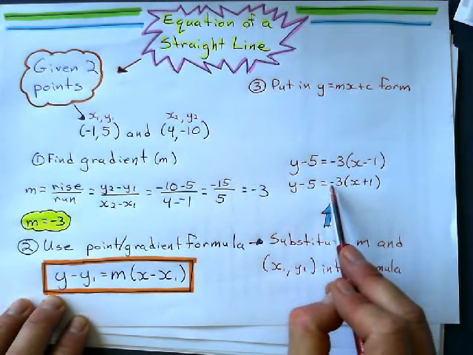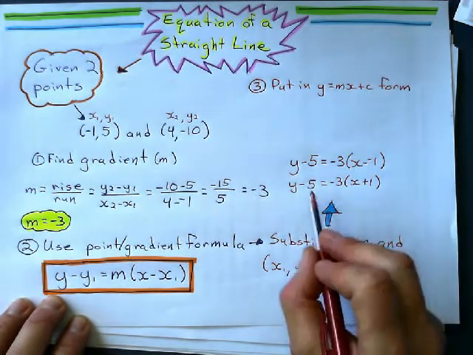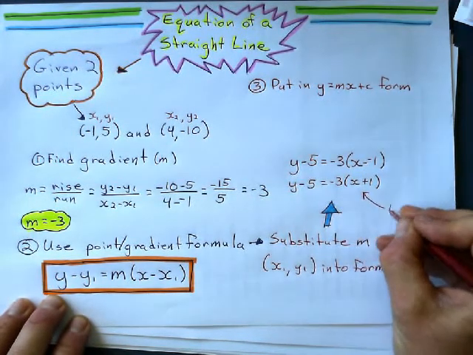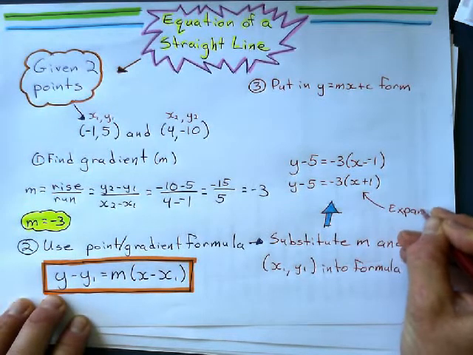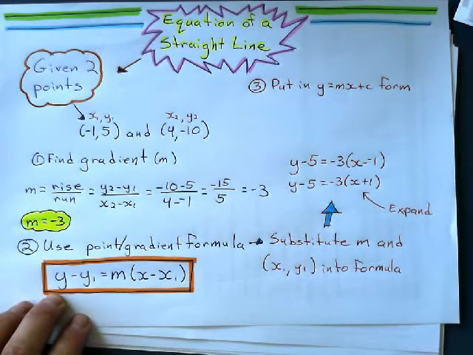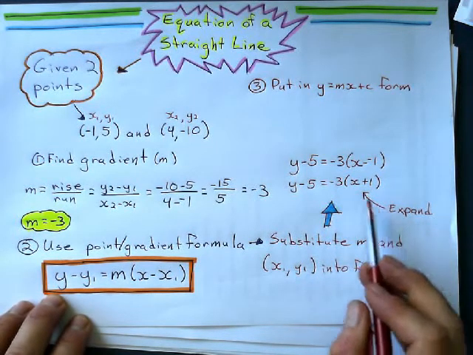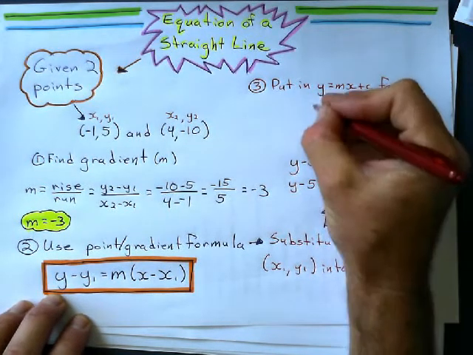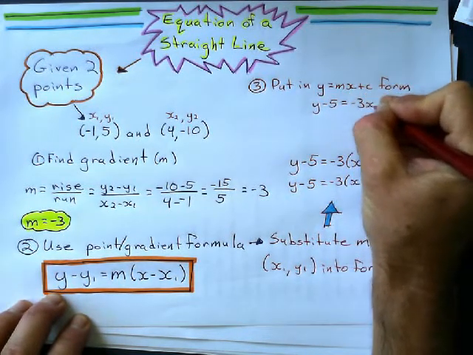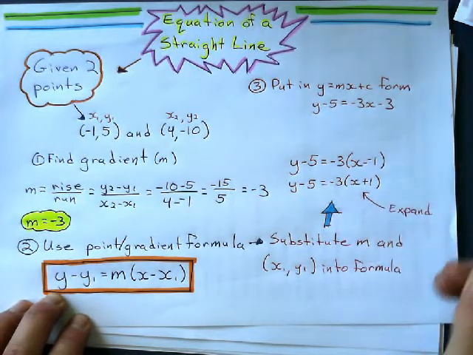So if I want to get it from this form into y equals mx plus c, all I have to do is expand right there. I'm going to expand right there, so I get y minus 5 equals -3x minus 3.